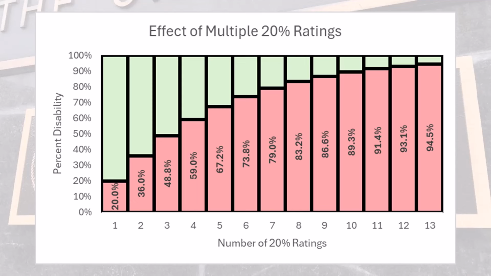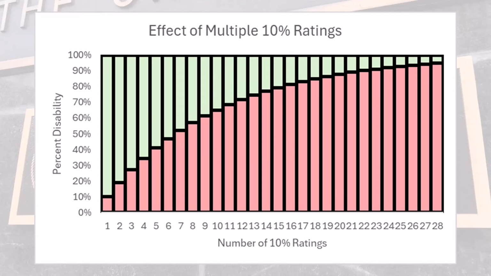And we would be at 90% final rating for the 9th through the 13th rating. This whole issue of diminishing returns is even more dramatic if you try to reach 100% by combining 10% ratings. You can get off to a decent start, but it's hard to make it all the way to 100%.